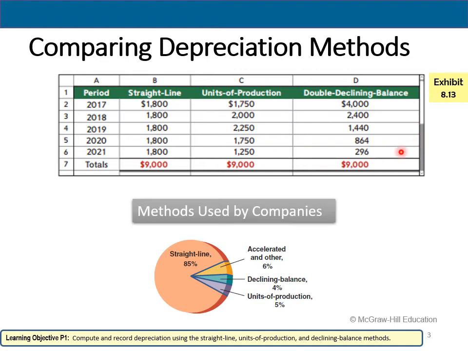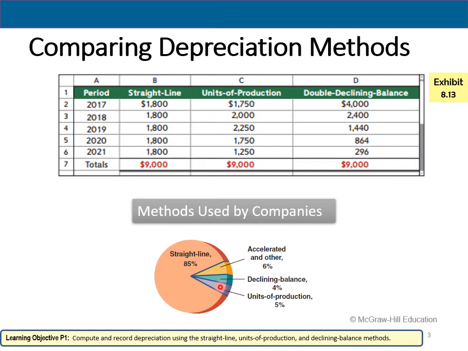All right. So as you can see, the straight line method is by far and away the most commonly used depreciation method. And it makes sense because it's simple, straightforward, and it gives you predictable depreciation charges. Units of production really is most useful in manufacturing. And it makes sense in manufacturing because generally the more you make, the more you're going to sell.